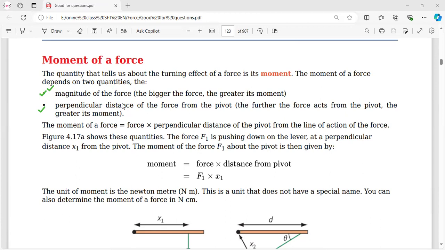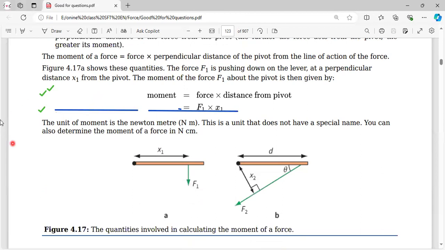Then that is the second quantity, right? Remember this term. This should be the perpendicular distance of the force from the pivot point, okay? Right. And you might see that the further the force acts from the pivot point, the moment becomes much larger, okay?